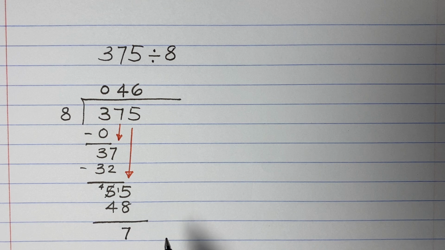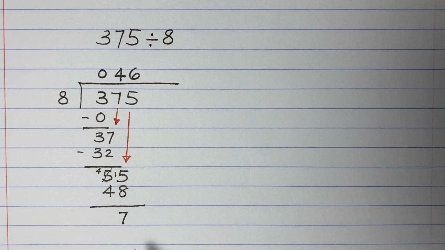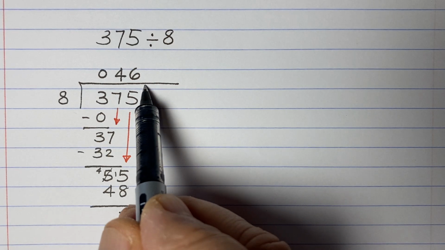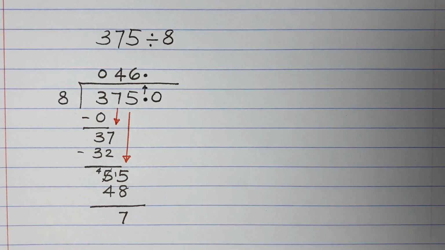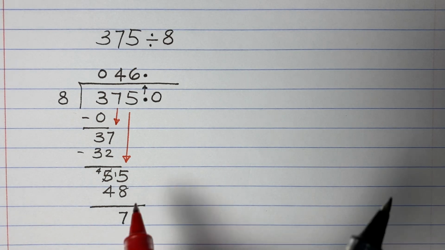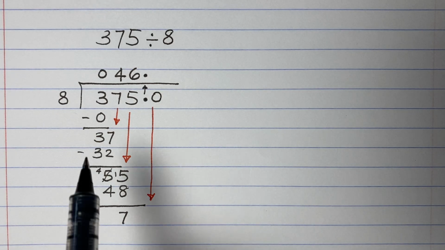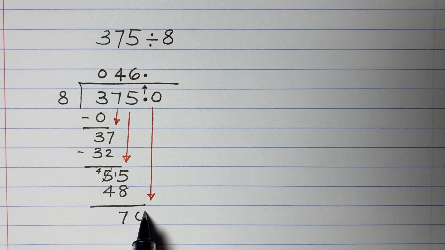If I want to continue, I need to bring more digits down. In this case, I'll put a point here, immediately a point in the answer, and introduce as many zeros as I want. Let's stick with just 1 zero now. 7 and the new digit creates 70.